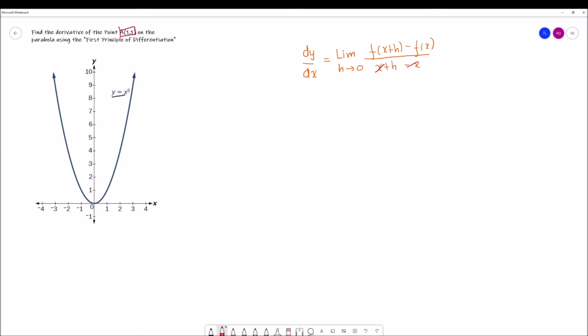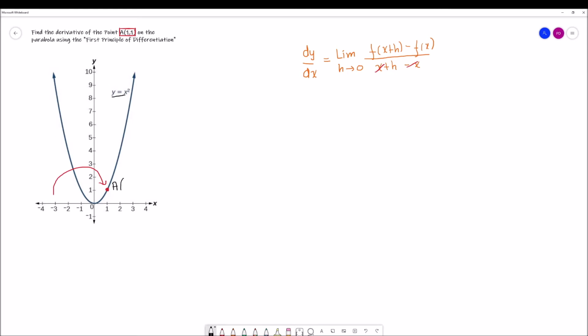So point A. Where's point A? Let me mark point A. So this is point A, where the x value is 1 and the y value is also 1. Now, in order to find the derivative at this point, which basically means finding the instantaneous change in y at a given x, or the slope at this particular point of the curve.